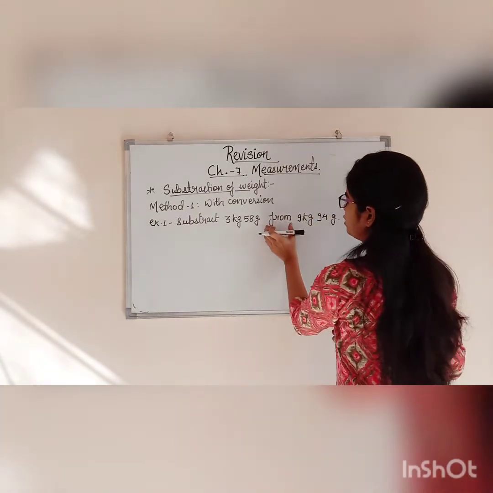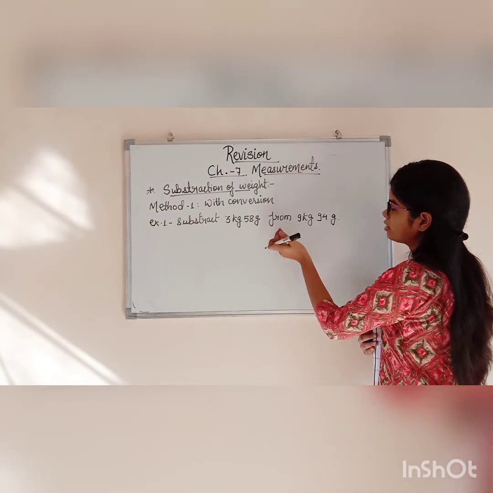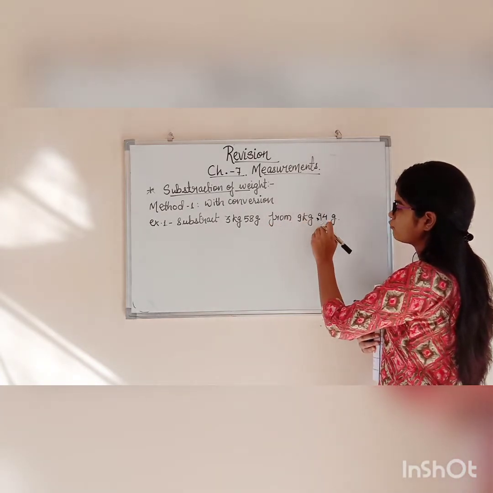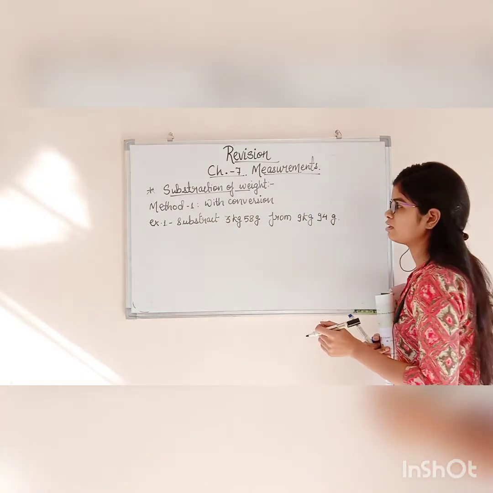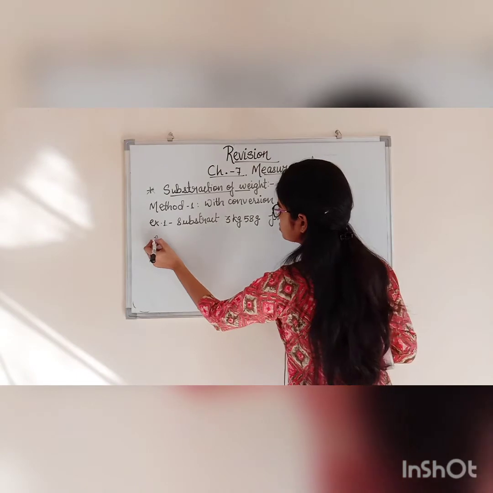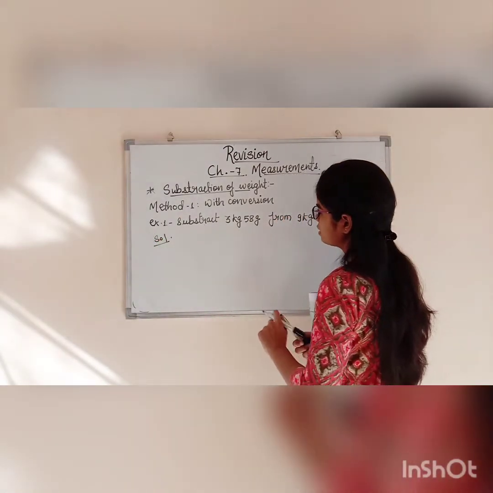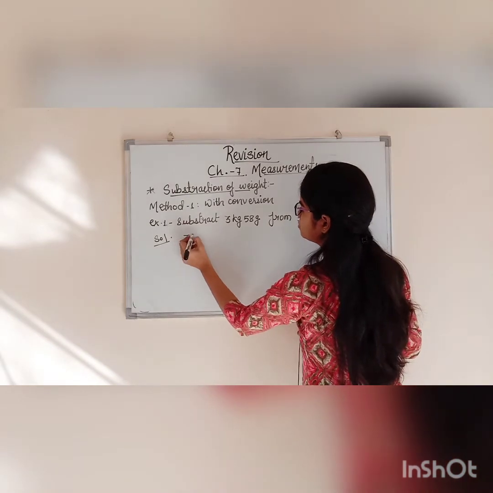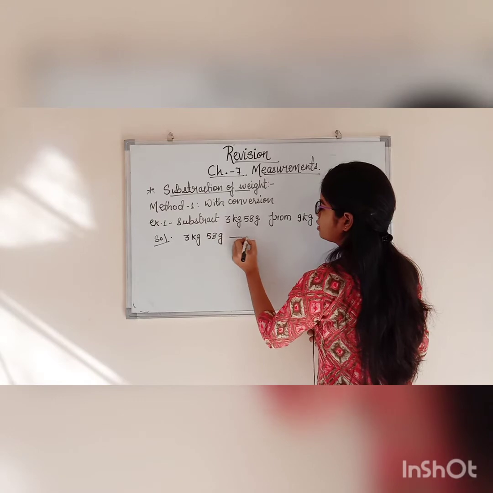So that word 'from' means we have to subtract 3 kilogram 58 gram from 9 kilogram 94 gram. So firstly we write in the solution. This is with conversion. So firstly we convert 3 kilogram and 58 gram into gram.